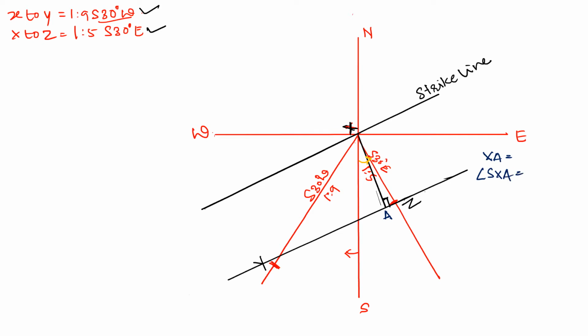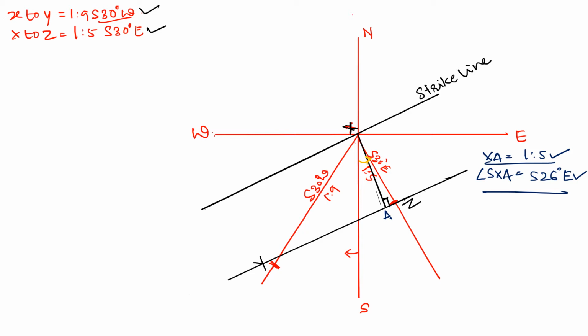So according to me, the values will be 1:5, and this will be south 26 degrees east. Okay, so this is the true dip amount and this is the true dip direction. So we completed the first part, that is the attitude of the bed.